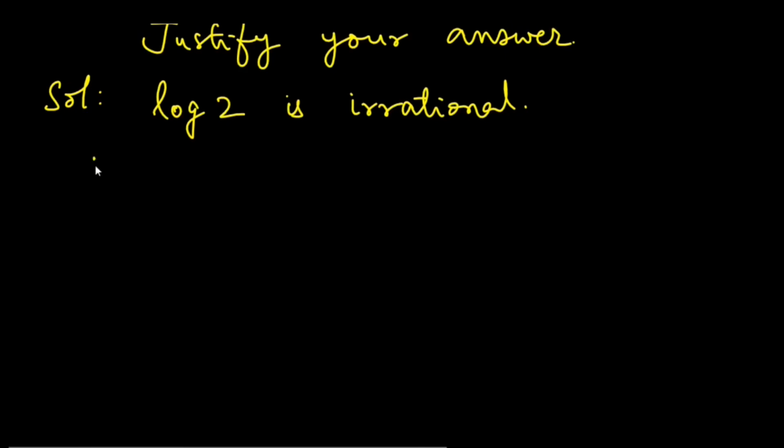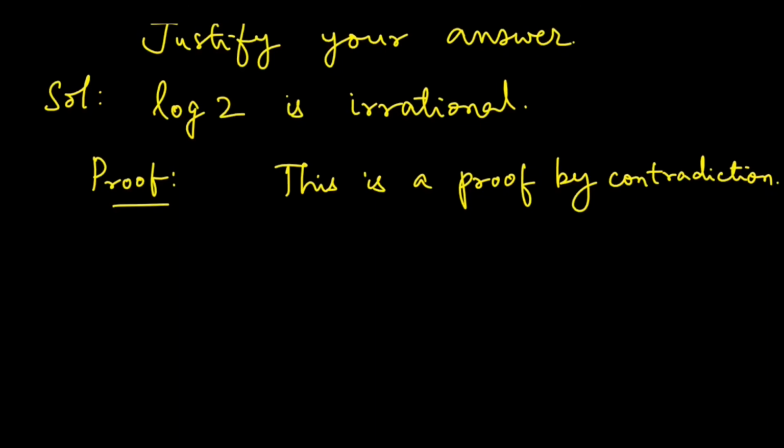Let us see the proof. This is a proof by contradiction. Let log 2 be rational. Then it can be written in the form p by q.